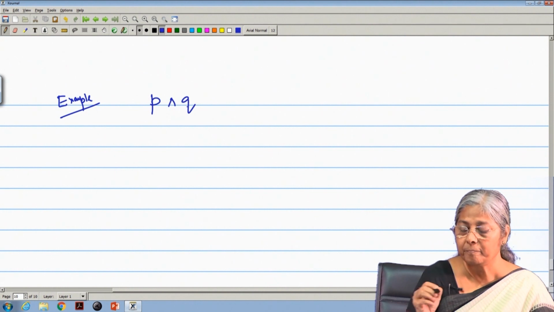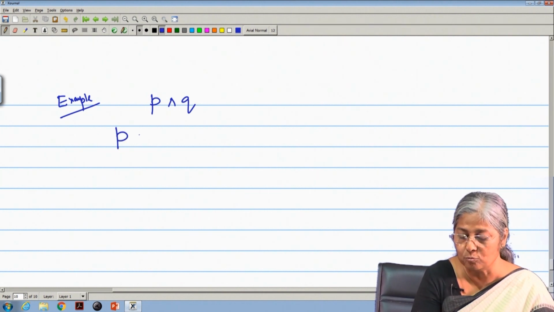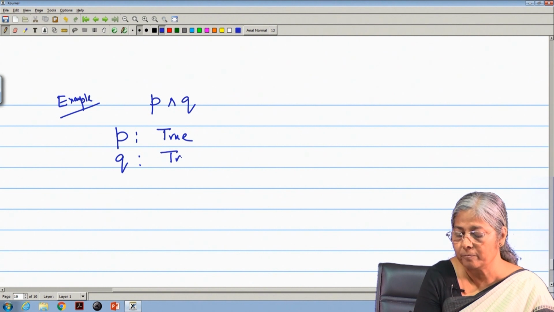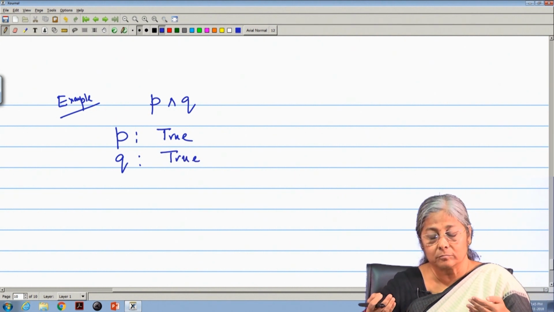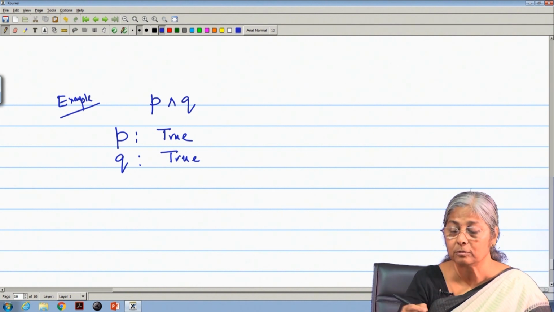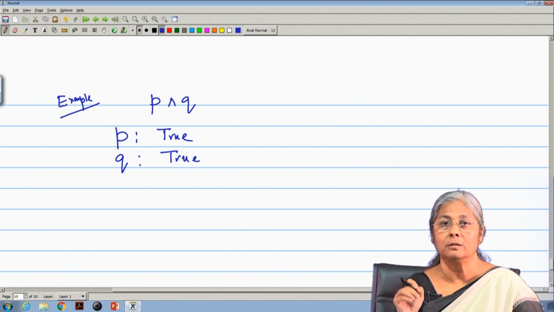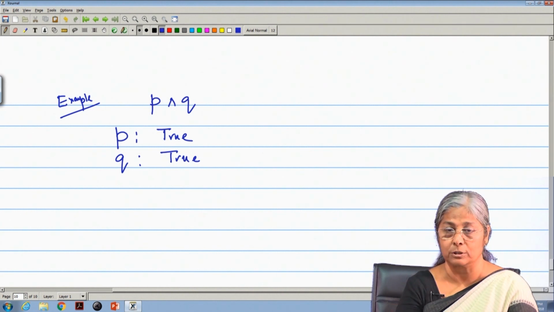P and Q. So, if P is true and Q is also true, then what will be the truth value of P and Q? That gives you one particular truth value of that truth table.